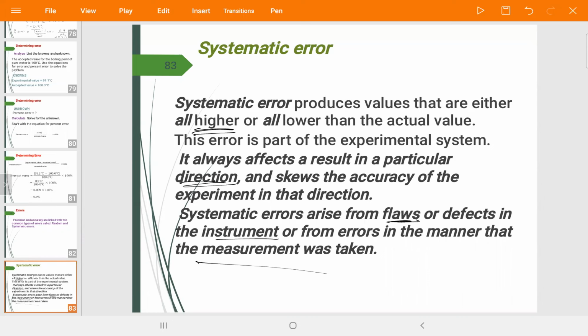For example, if you are asked to measure the volume of a liquid, and you don't read the meniscus, for example, so this is what the meniscus is, right?